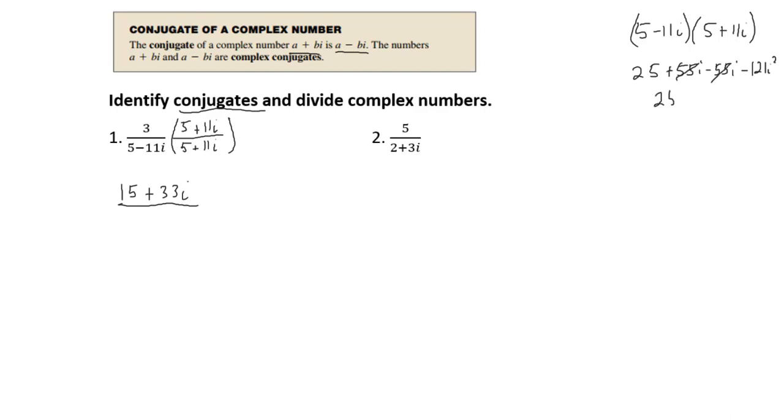Middles cancel, and we get 25 plus 121. So that's 146. So that's what's going to go on bottom.